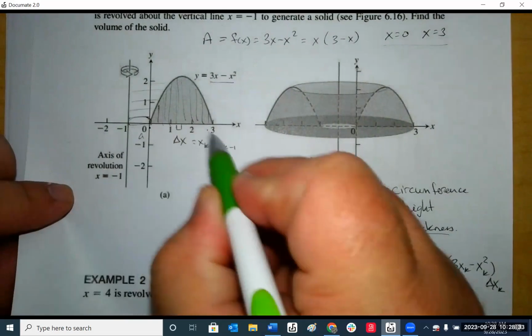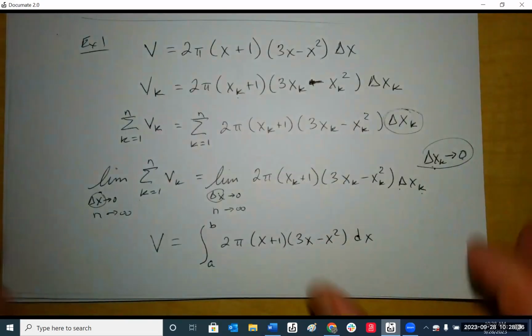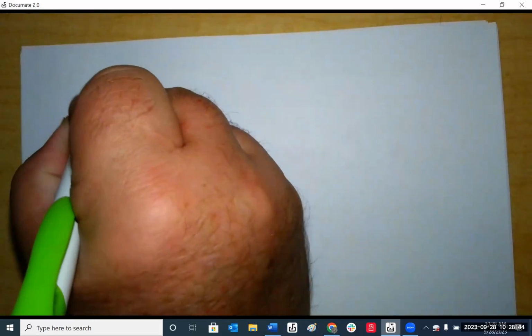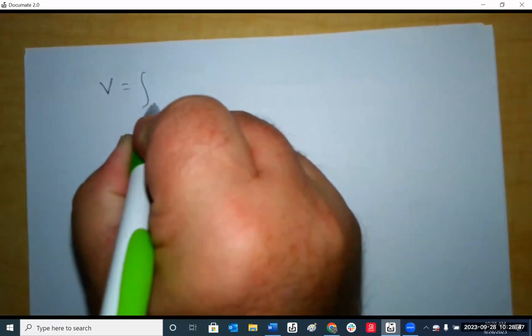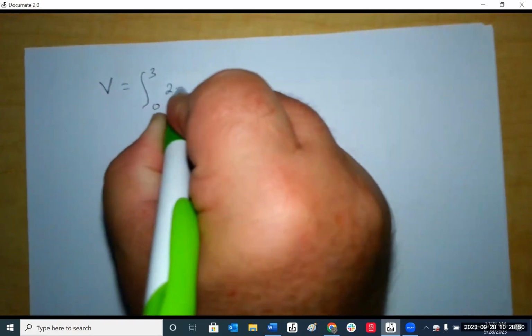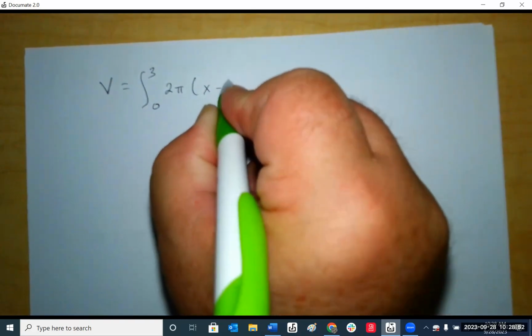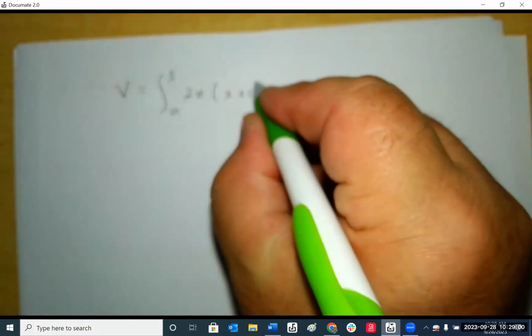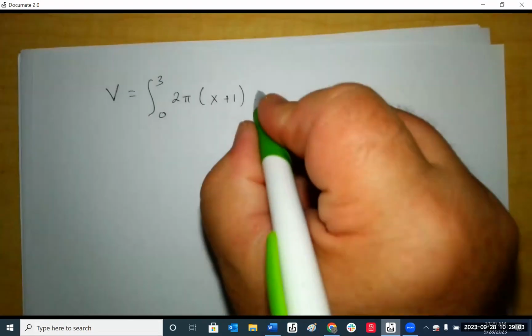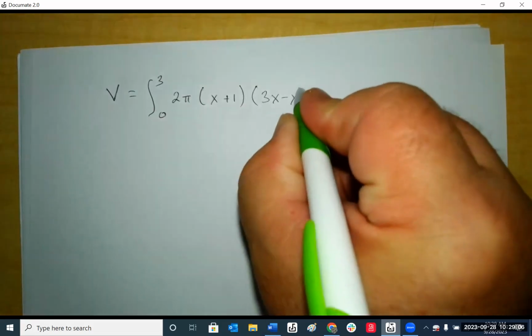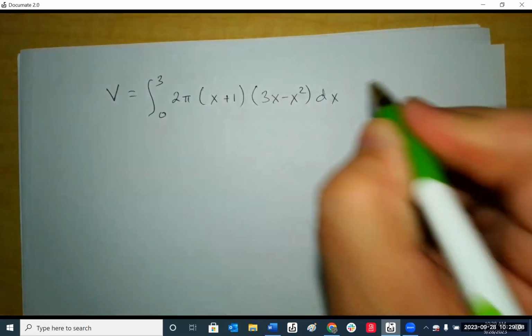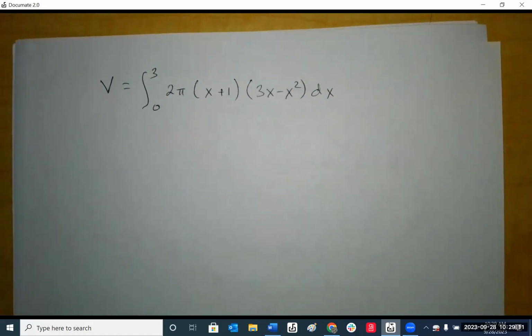So this is A and this is B. Why did I put x plus 1? Yeah, it's plus 1. x plus 1 times 3x minus x squared times dx. So now we integrate.